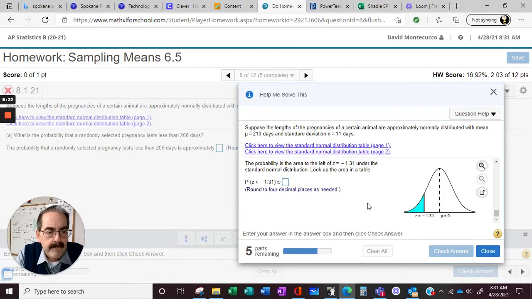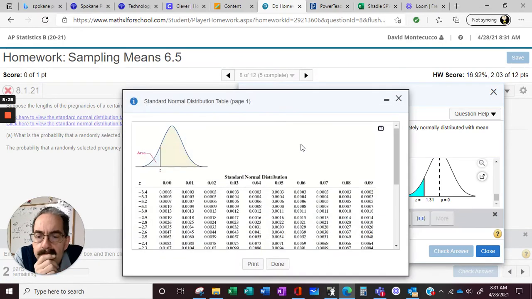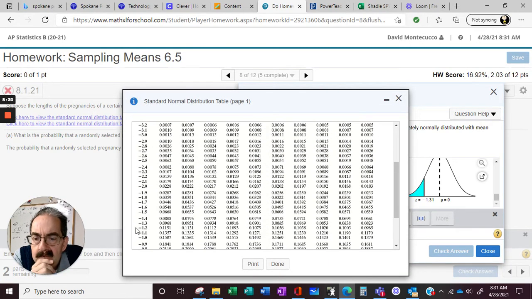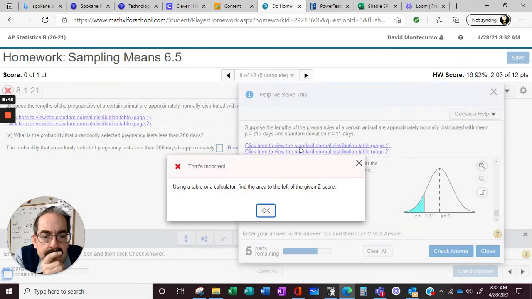Wow. Okay. So now negative 1.31. Use the table to the left and find the area to the left.